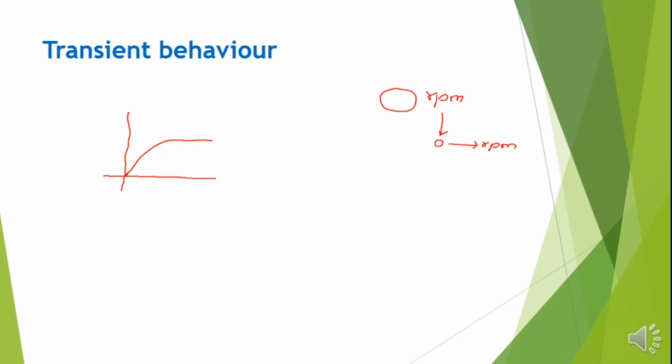Or in the first case, it is at a maximum speed and after some time, it comes to 0. Correct? In both cases, it attains a steady state, a constant value, after some period.